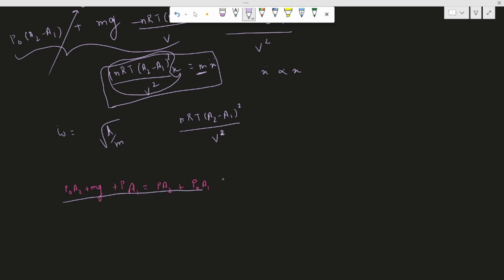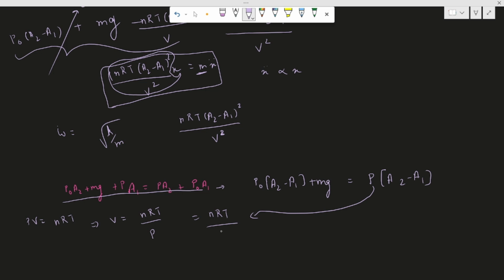So from this equation, P naught (A2 minus A1) plus mg equal to P (A2 minus A1) and PV equal to nRT. So V equal to nRT by P, equal to nRT. Put this P here, which is P naught (A2 minus A1) plus mg in the numerator, (A2 minus A1).